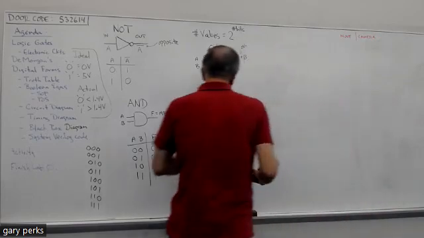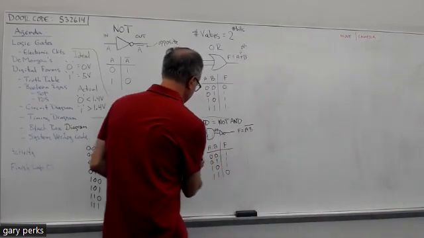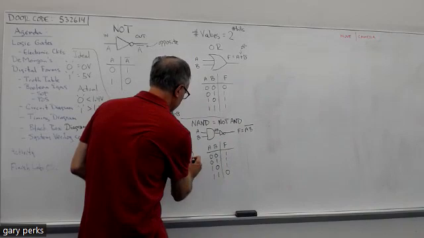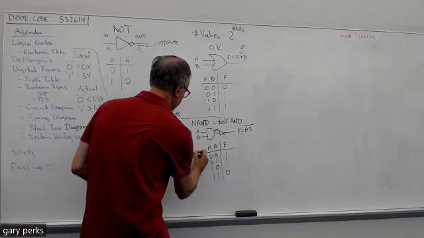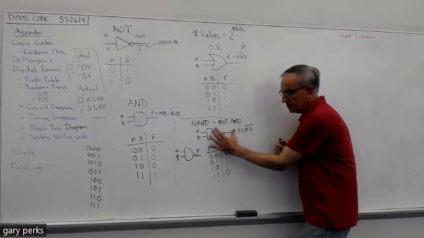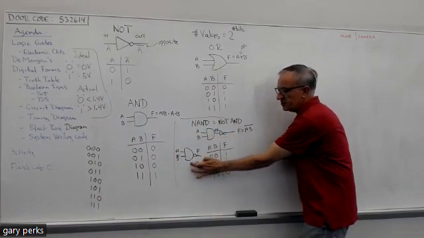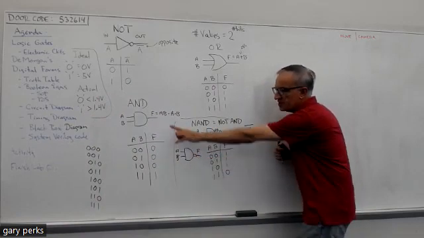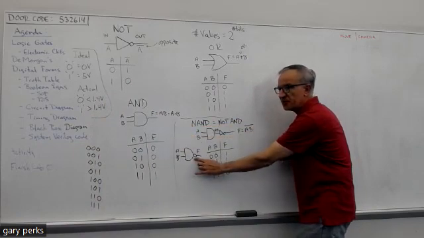And the symbol for a NAND gate, okay, that's the symbol of an AND gate. It's equivalent to this, but here's the symbol we use for a NAND gate. Notice how it's the same symbol as the AND, but it's got the bubble.